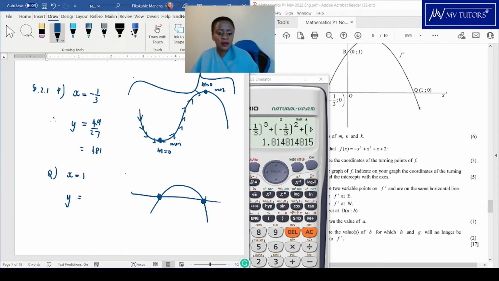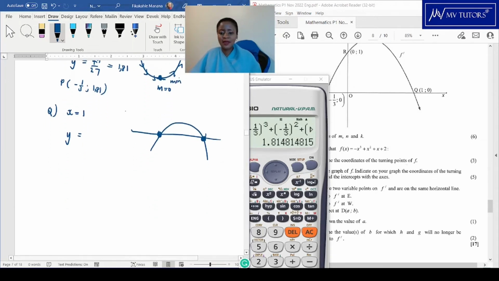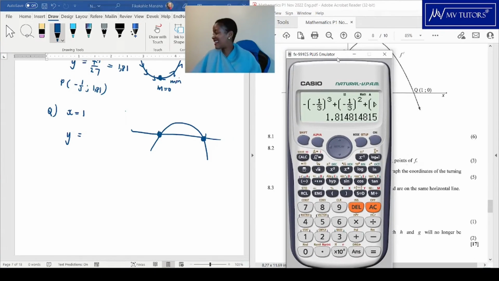So therefore, let me put it here. Now I don't have space. Therefore, P is negative a third and 1,81. Now I'm going to calculate Q.